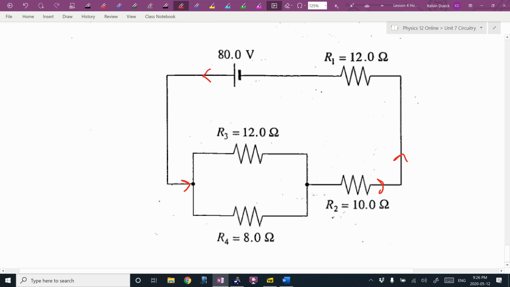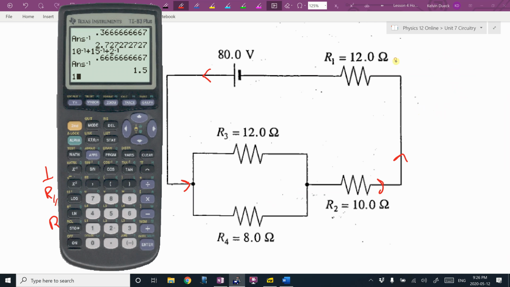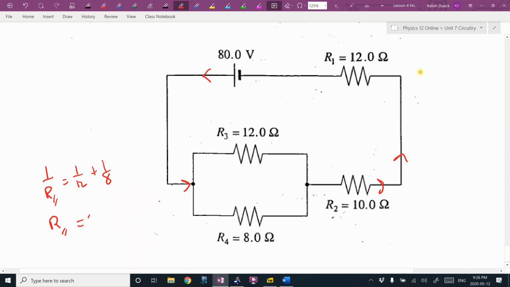So the first thing that I'm going to find is 1 over R parallel, which is going to be 1 over 12 plus 1 over 8. R parallel equals 12 reciprocal plus 8 reciprocal equals 4.8 ohms.